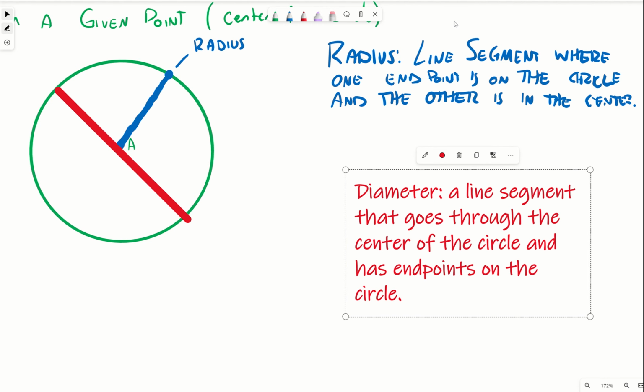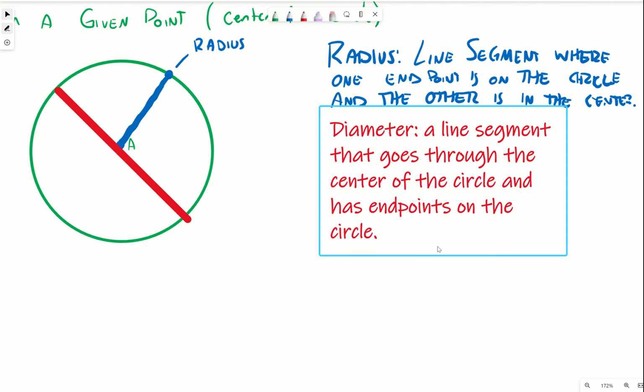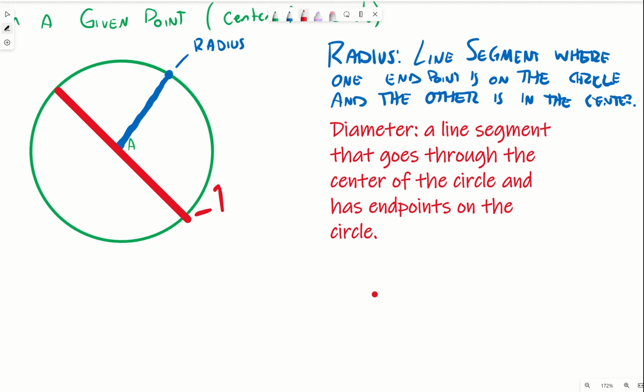So diameter and radius, those are going to be probably the more important of the words we see. When we talk about trying to find measurements of our shapes, diameter and radius are going to be the ones that we see more times than not.